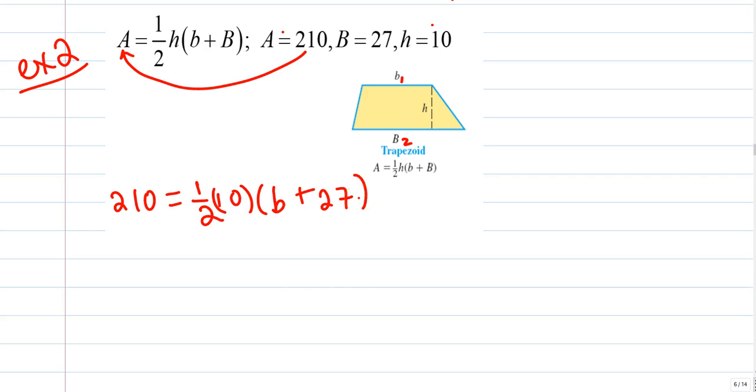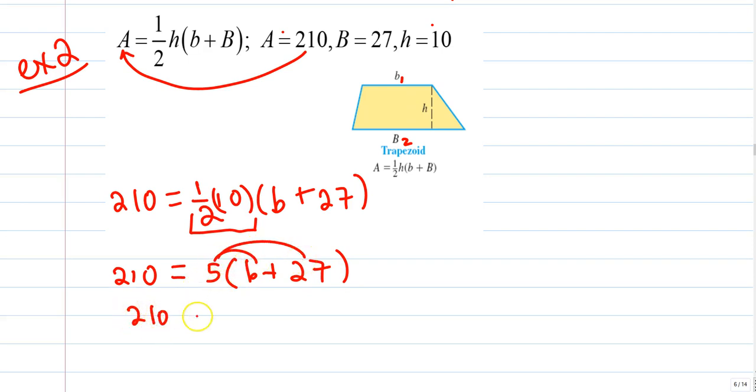We can handle this. See, I can take that 10 and I can distribute it at this point, but since it's on the outside with the half, I would actually multiply those two together first. So 210 equals half of 10 is 5. Now at this point is where I would take the 5, since there's only a single term out there, and distribute it.